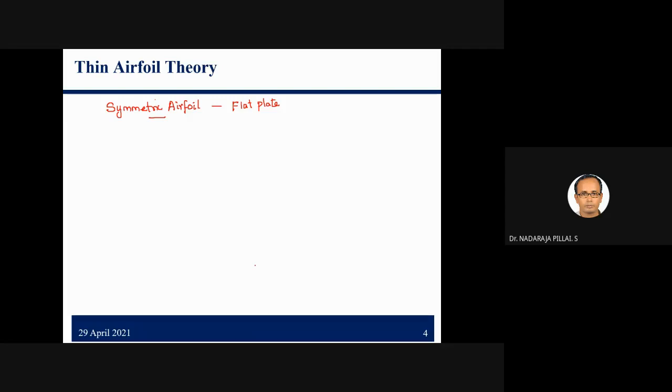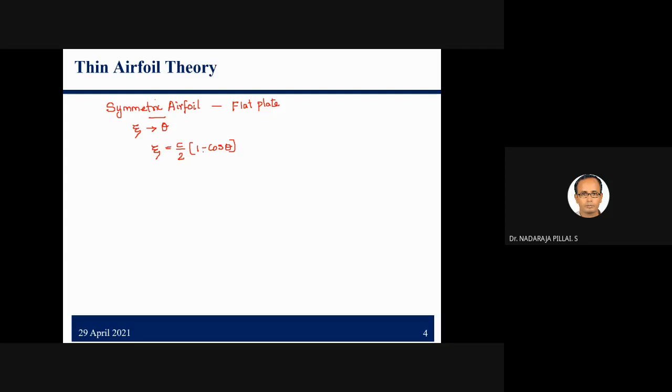Now we want to calculate for the symmetrical airfoil, and I would like to transform this zeta into theta by considering a standard transformation. I would like to express zeta as c by 2 into 1 minus cos theta. Zeta is a dummy variable along the chord from 0 to c.